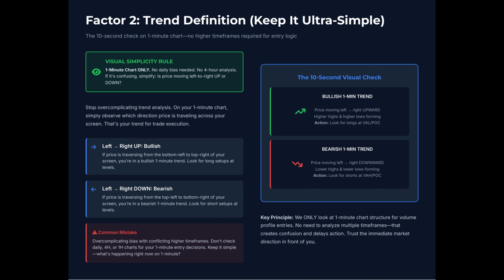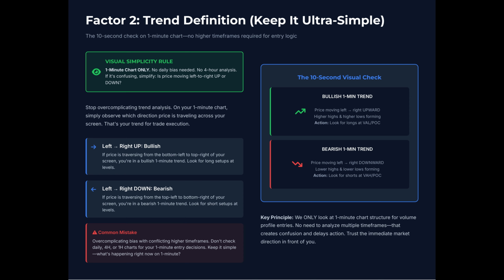You see a higher high at 6510, pull back to a higher low at 6505, another higher high at 6518, another higher low at 6515. Price is making higher highs and higher lows consistently, moving up and to the right. The micro trend is bullish. Your trade idea is long. Trend is aligned. Factor 2 score, 2 points.